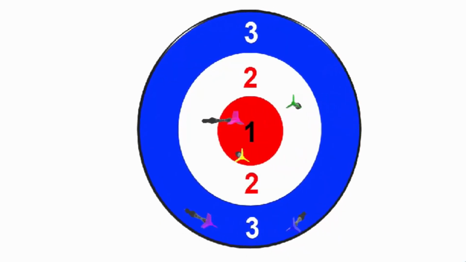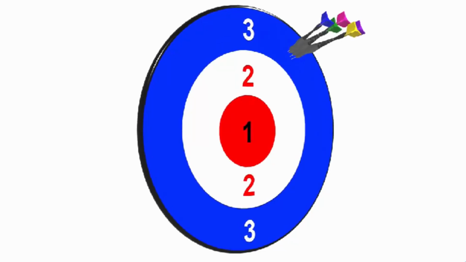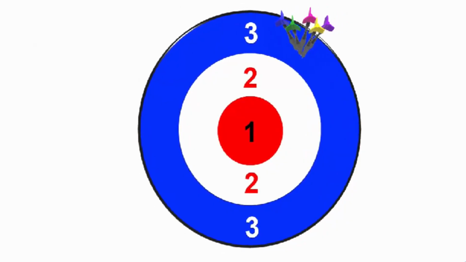How close the darts land to the center of the bullseye determines the accuracy of the throw. Precision is the degree of resolution of a measured value when the same quantity is measured with different devices. If all 5 darts land at the same point, then the throws are said to be precise.